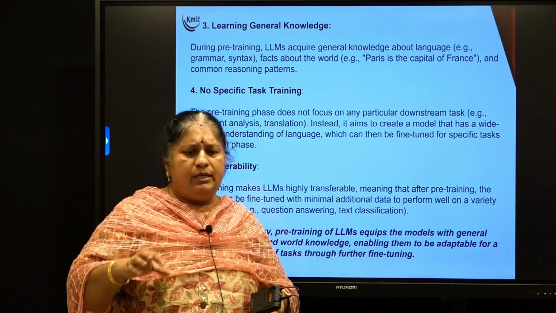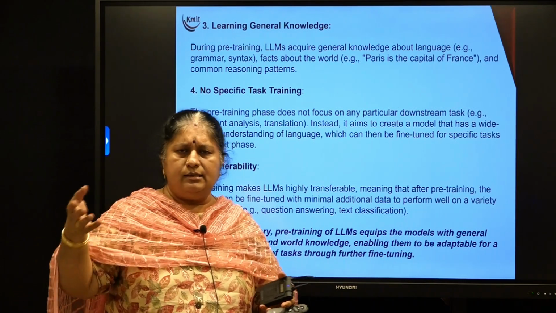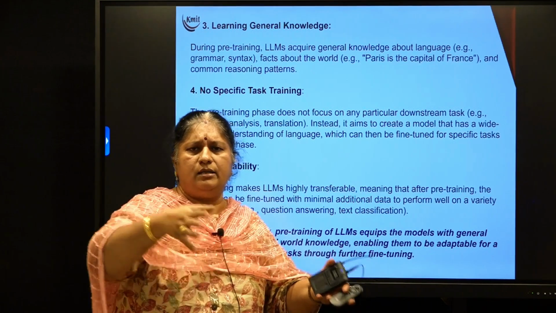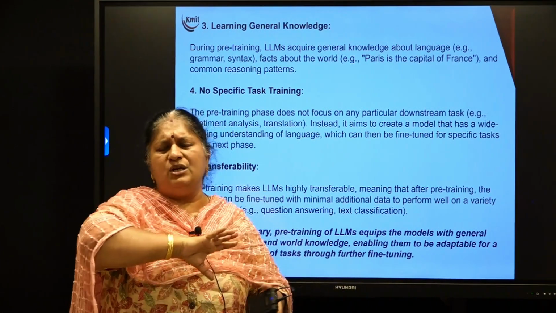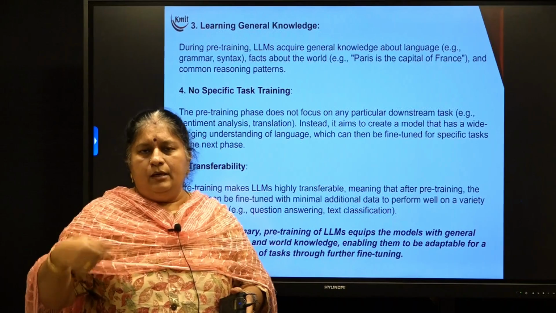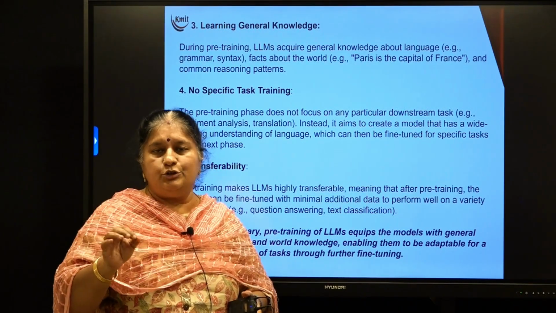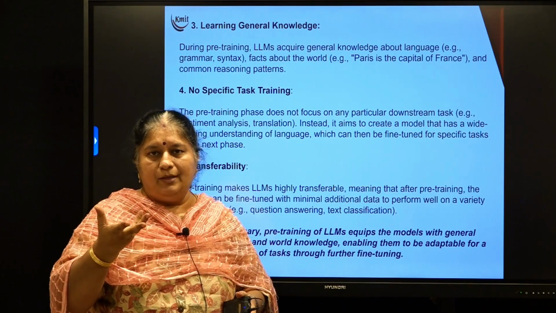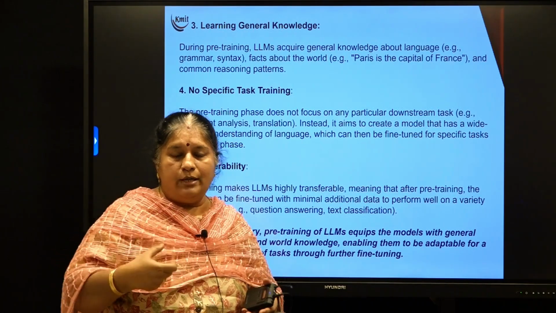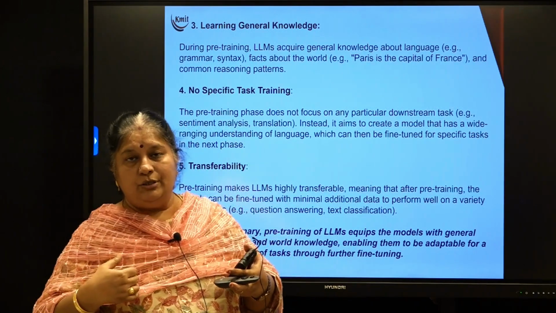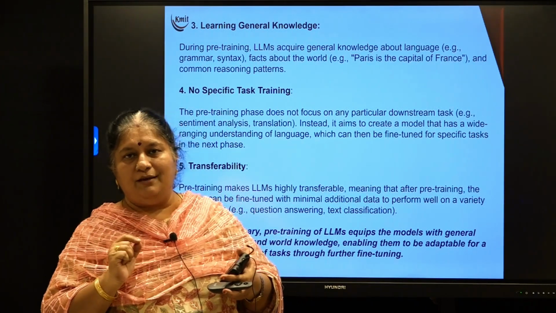You just told there is a country called France, there are so many cities in that, this is the area, this is the population, this is the language. You have told everything. Now, when you ask a question, what is the capital city of France, it should be able to tell you Paris. So, the model should have not only knowledge of the language, it should have general knowledge of the language also.